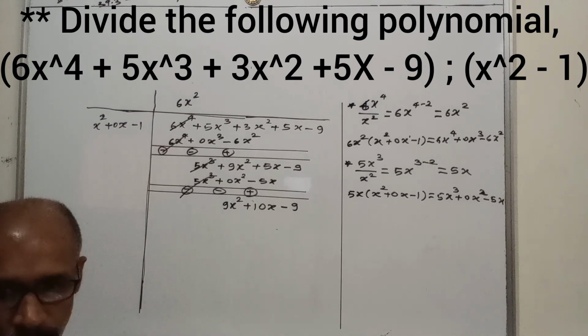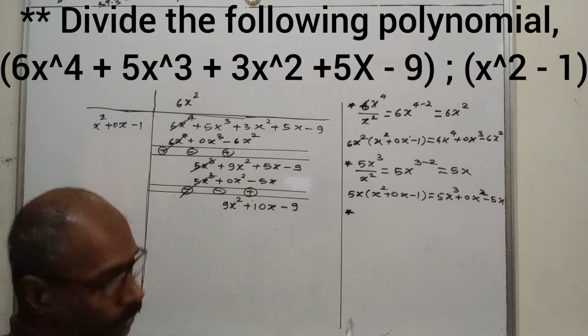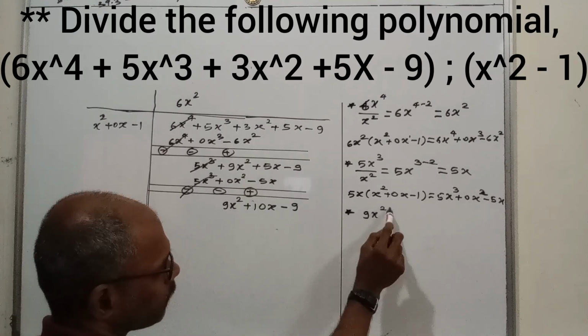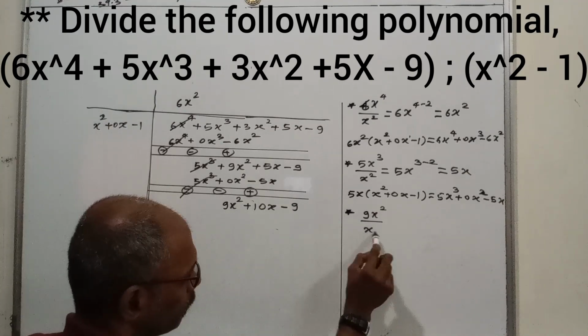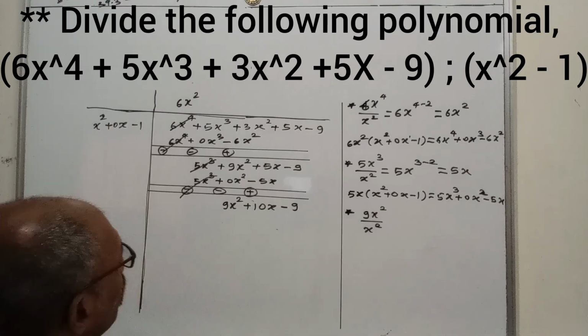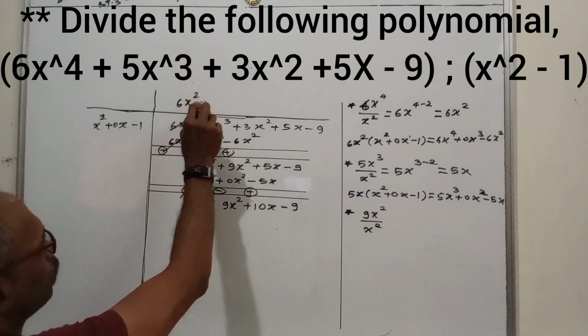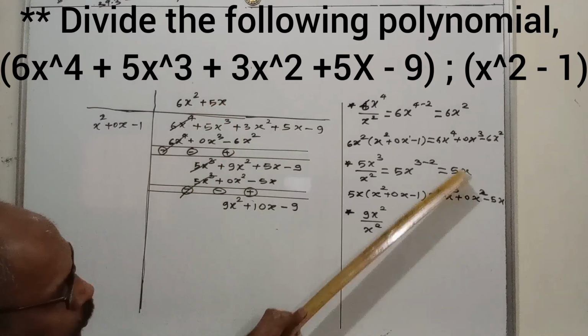Now, what is the next step? 9x square upon x square. Question, quotient. Very good. Quotient.